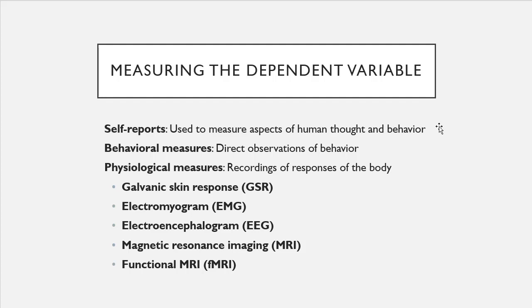We could also use an EMG to see how your heart rate changes based on how much you like the food that's put down in front of you. We could use an electroencephalogram too if we could measure the part of the brain that is responsible for food sensation. We could also use an MRI as a way to look at a picture of your brain when you see the food that you like.